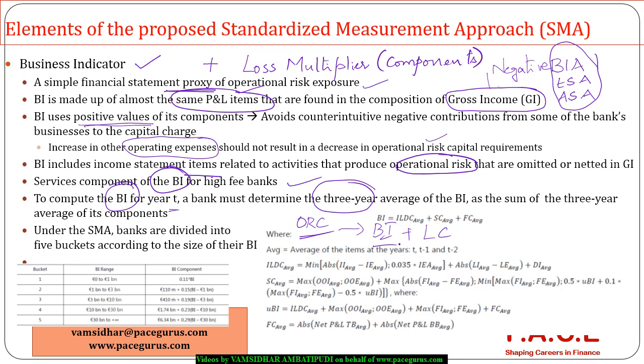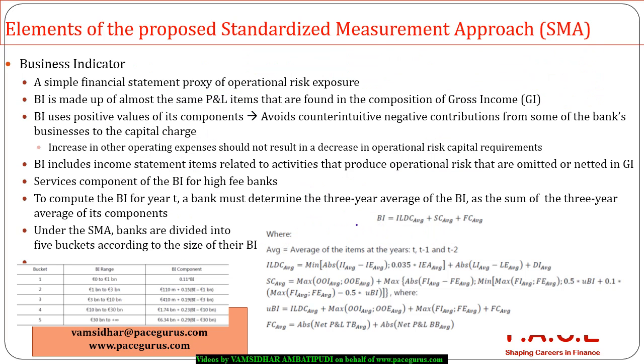Within the BI, again, we have a detailed formula which comes out as the average of all the components. If you see the way the formula is computed, the BI is composed of three parts: interest, lease, dividend.